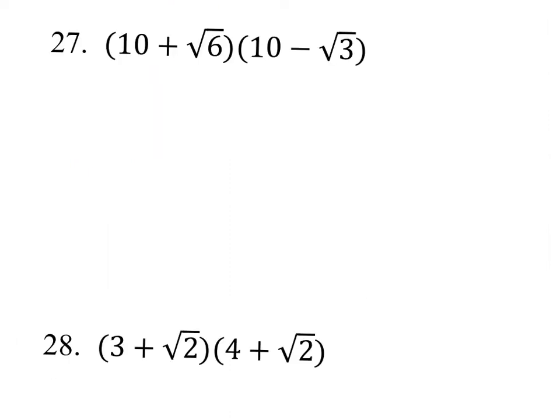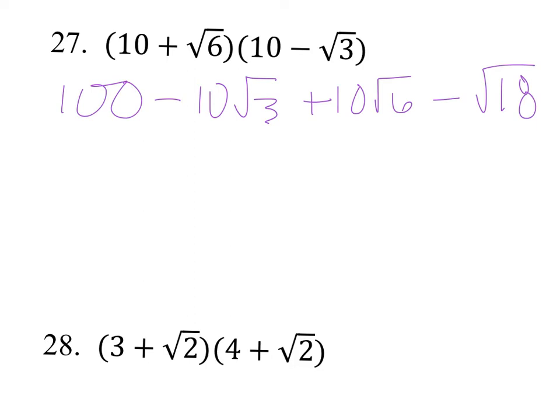Next. So again, you have to multiply first, outside, inside, last. This one is slightly more tricky, only because I can't simplify this because it's prime. Only 2 and 2 and 3 multiply, get 6, so there's no pairs here. There is a pair in 18, so I can simplify 18, because 9 times 2, so this will give me 3 and 3, so there's a pair of 3s that I can take out here.